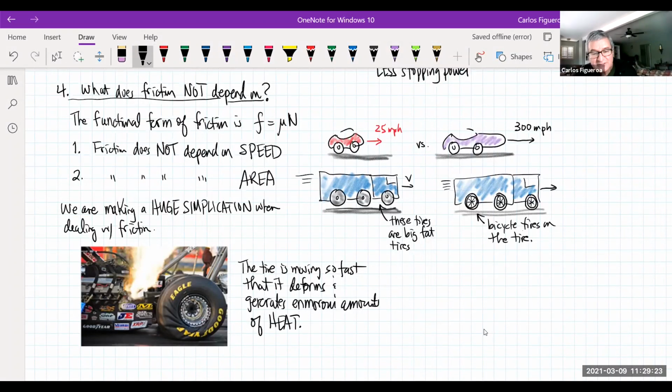And as a consequence, the heat makes the tire grab the road better, and therefore it's able to accelerate better. So this statement up here, that this is what it depends on, is a really huge simplification.